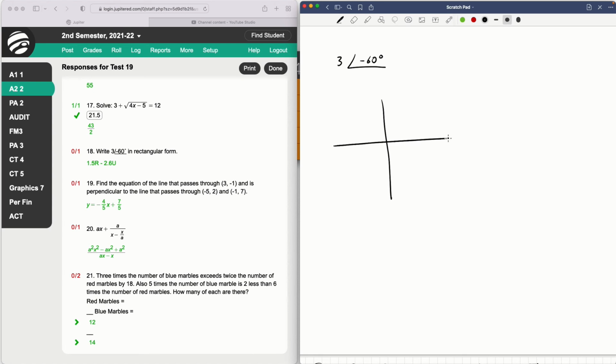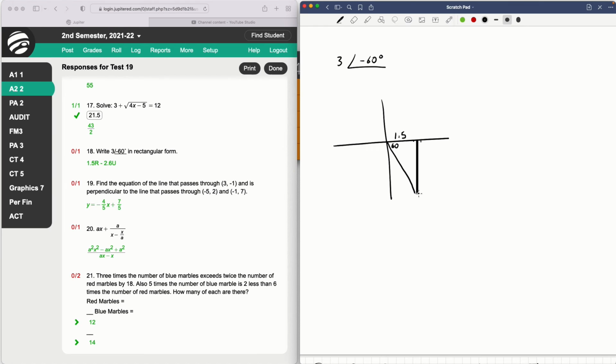So if it's going 60 degrees this way, then it stops. 90 minus 60 is going to be 30, but it's always to the x-axis, so this is 60. So 60 degrees that way. And now we need to figure out, we have 1.5 here, and we have down, okay, 2.6.